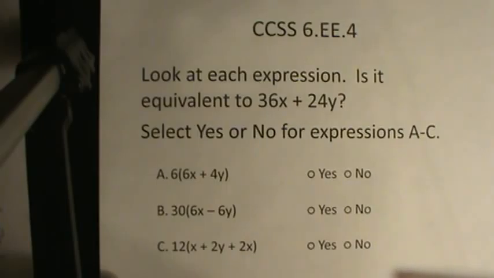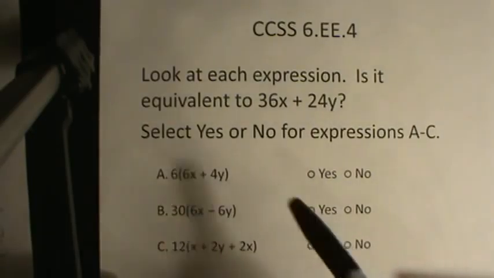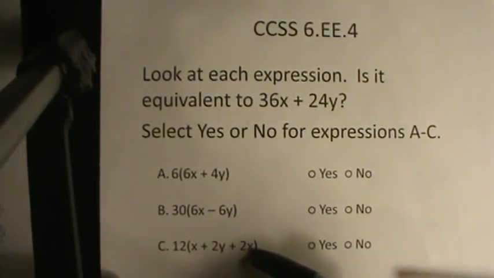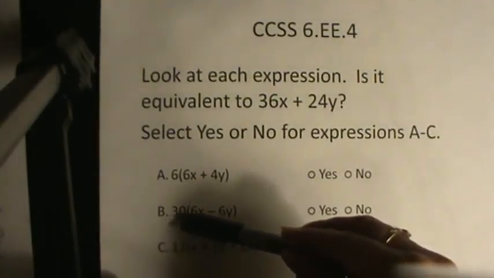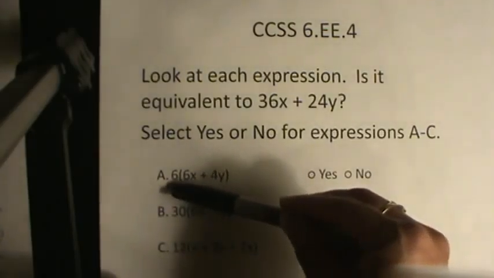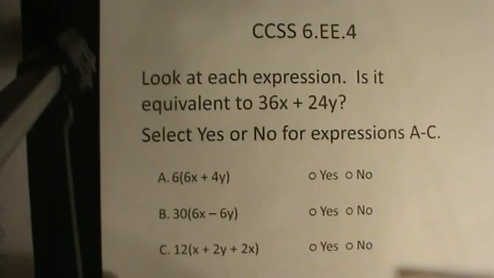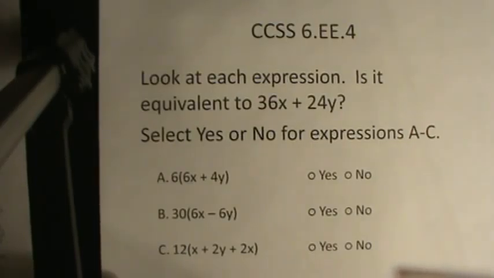I need to simplify each expression, A through C, using a series of properties, and automatically I know that I will have to use the distributive property because a coefficient in front of the parentheses indicates that I will have to multiply that quantity to the inside of the parentheses.